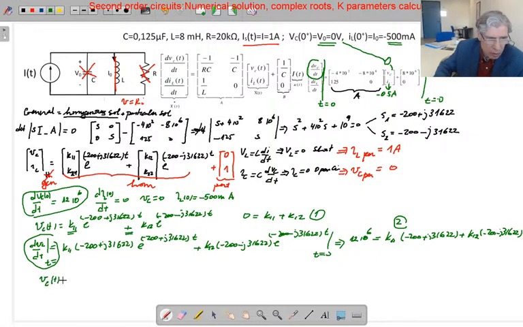Vc general solution is equal to 380 e to the power minus 200t and then sine 31622t.